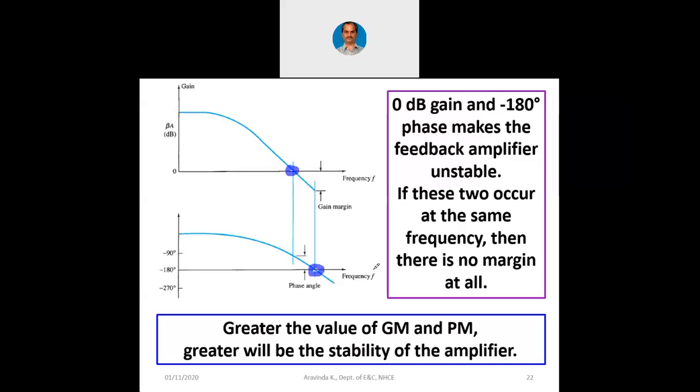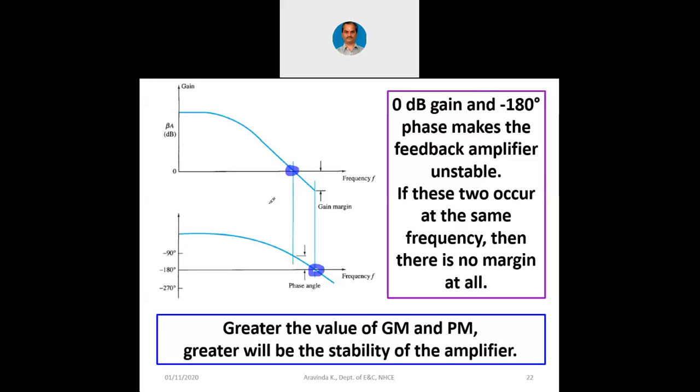Now in this case, when the gain margin is larger, when the phase margin is larger, that means there are bigger gaps. When there are bigger gaps in the Bode plot, then it means that the amplifier is much more stable and we can rely on this particular amplifier even at higher frequencies. That is the idea. At higher frequencies, we may not get good gain also, but we can ensure that at higher frequencies, the amplifier will not oscillate at all.